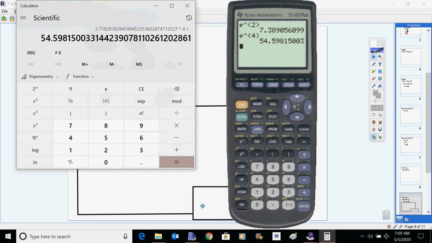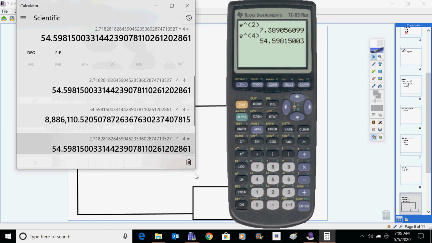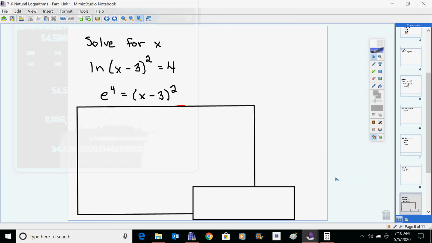Careful not to hit equals too many times. So make sure you look. You can also look at the history to see what was done. Here, the history is right here on the screen. So either way, you can take a look at what you have to make sure you did it right.